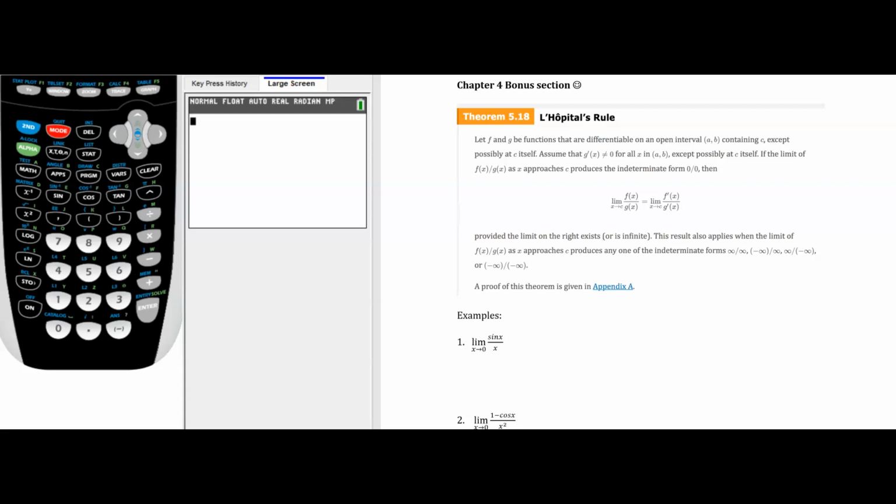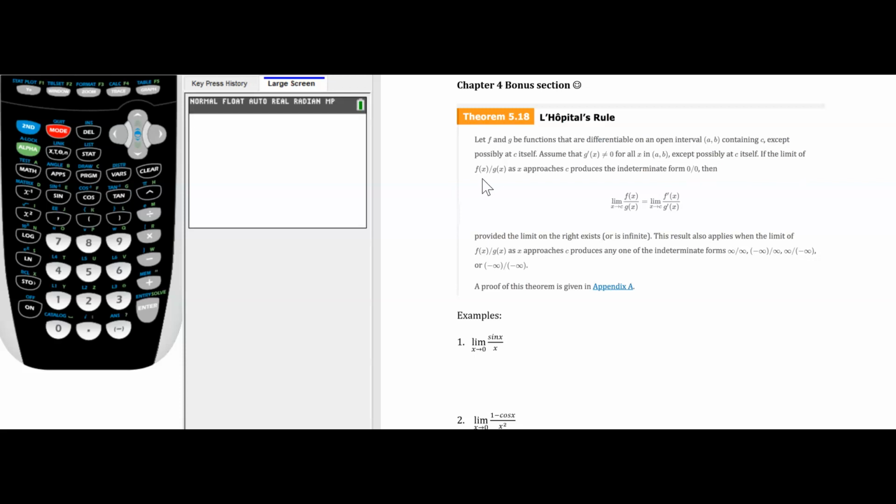Let f and g be functions that are differentiable on an open interval (a, b) containing some value c, except possibly at c itself. Assume that the derivative of g is not equal to 0 for all x in the open interval, except possibly at c.